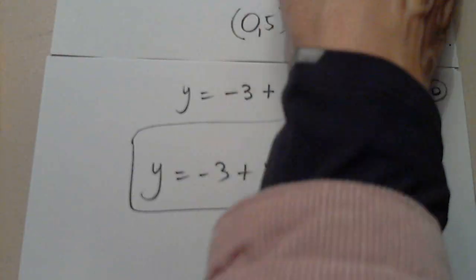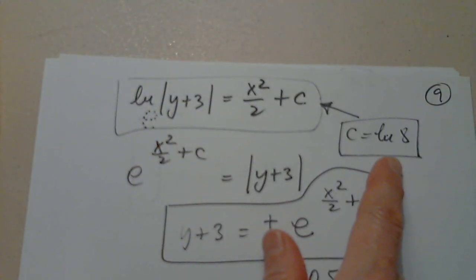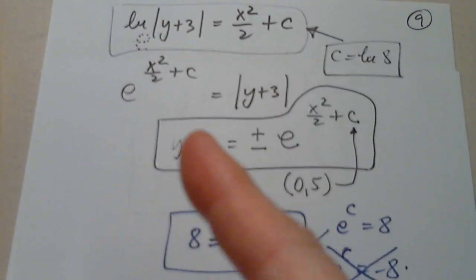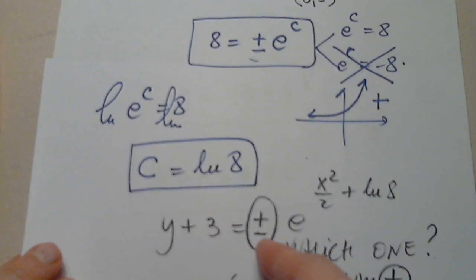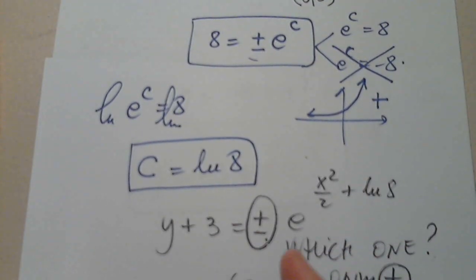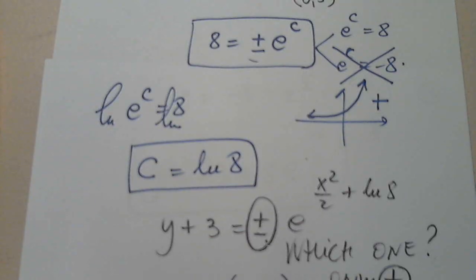Now I have the two sides. I put the point in to find the constant. Then I have plus or minus. Which one do I choose? I can only choose the one that gives validity to (0, 5).